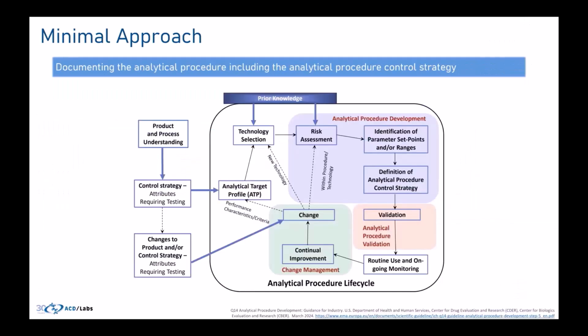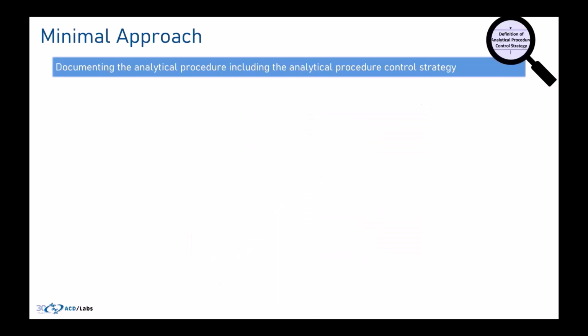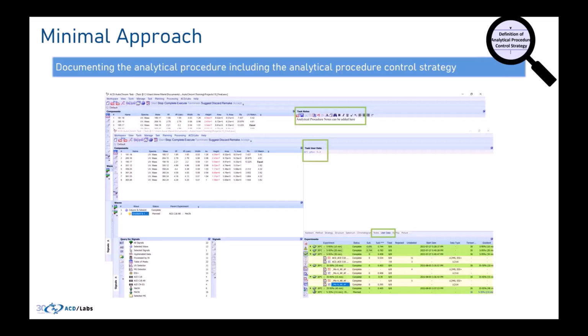So the next item is documenting the analytical procedure, including the analytical procedure control strategy. So this falls into definition of the analytical procedure control strategy. So in general, documentation of the procedure should be covered by your SOPs and test methods. However, in AutoChrom, users can add notes that contain the defined procedure or user data fields that reference the SOP or STM.